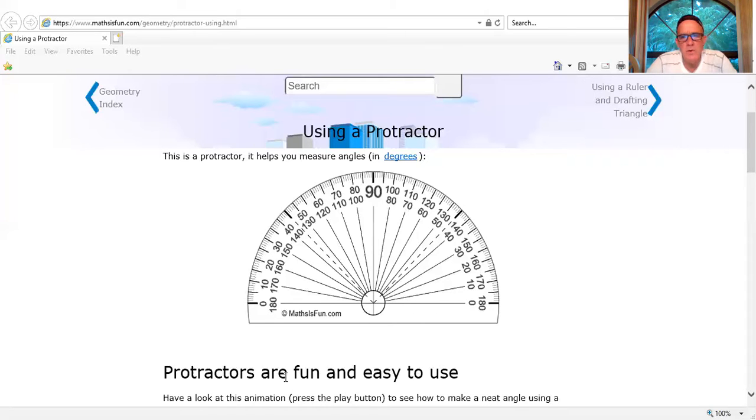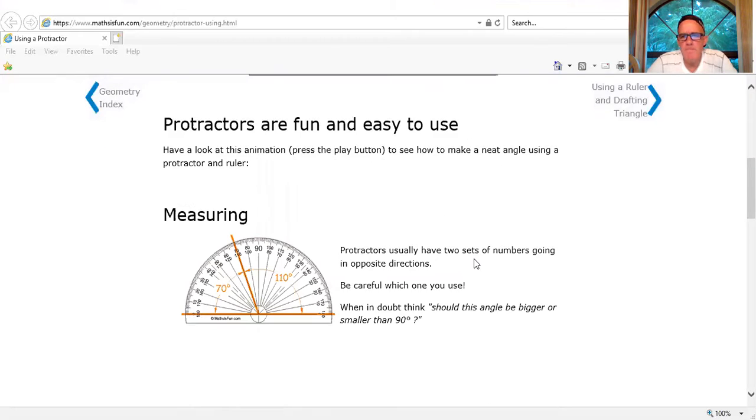This is what you are going to use in order to measure or draw precise angles. The site that I'm showing you has some good information, and there's also some information that it's not showing you. When you log on, you will see how awesome it is.